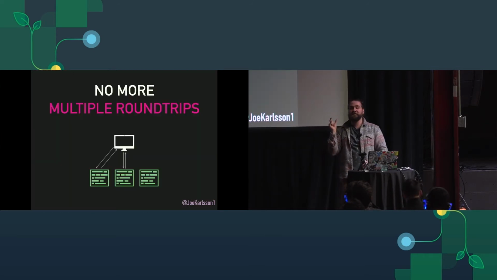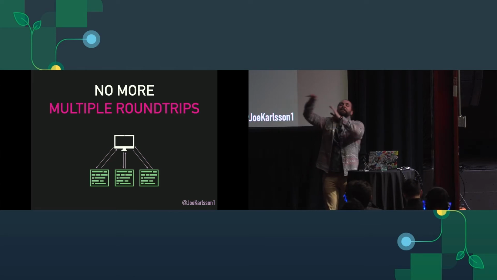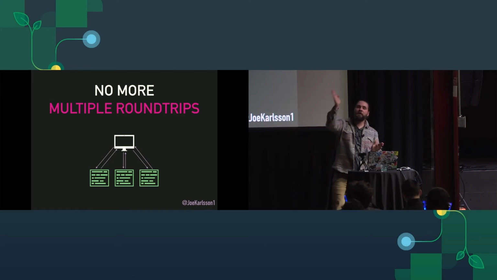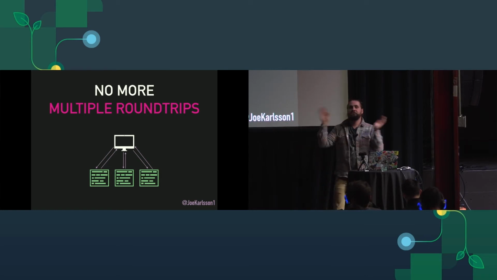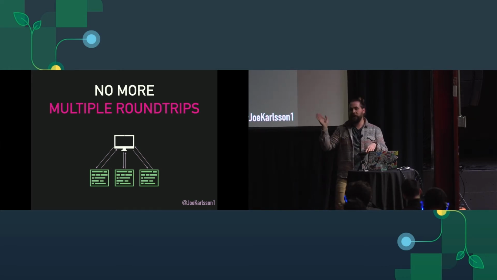No more round trips. Has anyone ever had to make an API request to get some data, and then use that request to make another request to another API, and then get that, and make another one, right? That whole time, the user has to wait through multiple round trips before that data can get loaded into the browser. That's a huge pain. If you can just get all the data you want in one go, you're good. That's great, right? With GraphQL, you can do that.